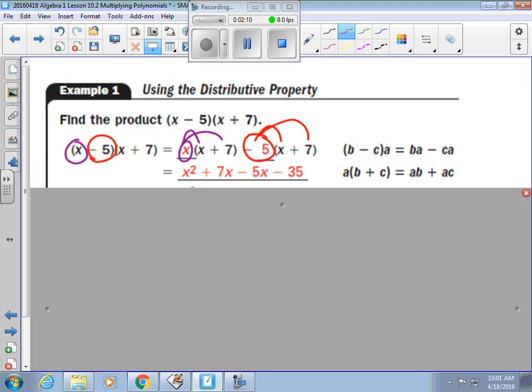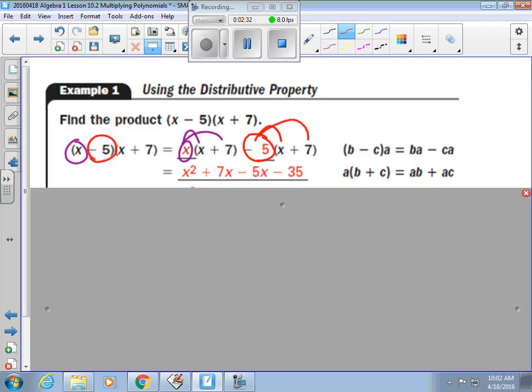Once you get everything multiplied, then you have to combine any like terms. Remember, you're able to combine like terms if they have the exact same variable raised to the exact same exponent. So we cannot combine x squared with anything here because there's only one x squared. But we have two x to the first powers.